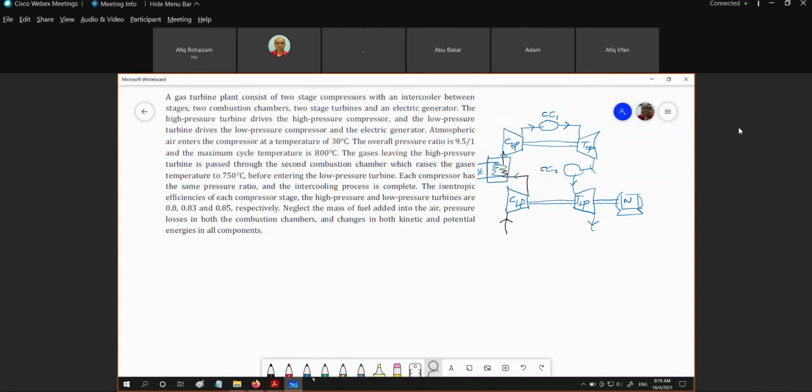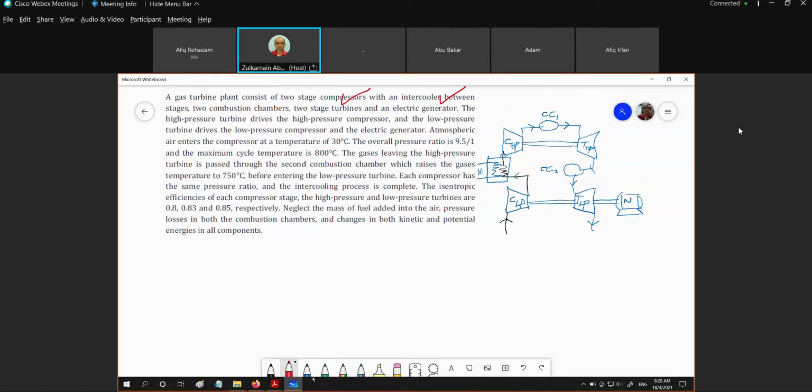A gas turbine plant consists of a two-stage compressor. So one first stage, second stage. So the compressor side is complete. And then with intercooler in between, we have one intercooler right here. Two combustion chambers, CC1, CC2.